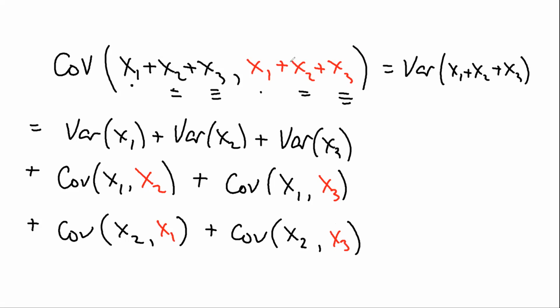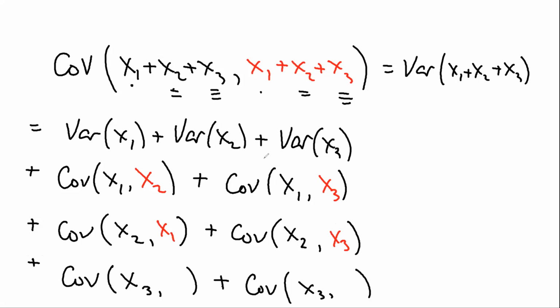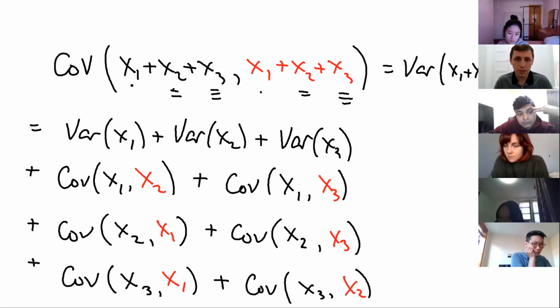And then, of course, we have covariance of x3 with x1 and covariance of x3 with x2. Those are all the combinations possible. Do you agree? I listed all the combinations possible.